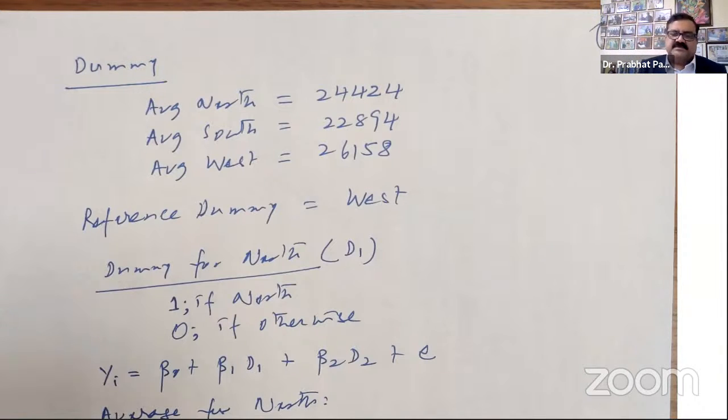So what is the hypothesis we are trying to test? The null hypothesis would be that the average of the north is equal to the average of the south is equal to the average of the west. It means all three are the same, statistically speaking.